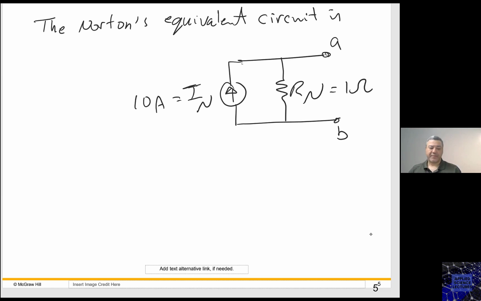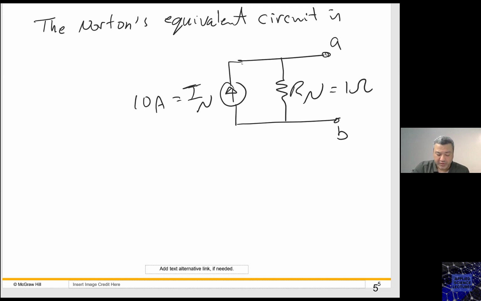So this is the Norton's equivalent circuit for that circuit that we had earlier in this example. You can also get the Thevenin's equivalent circuit by doing source transformation.